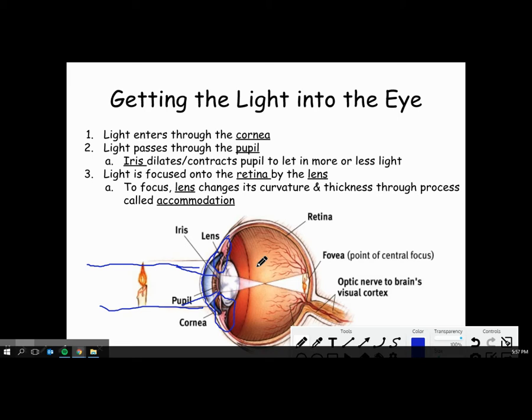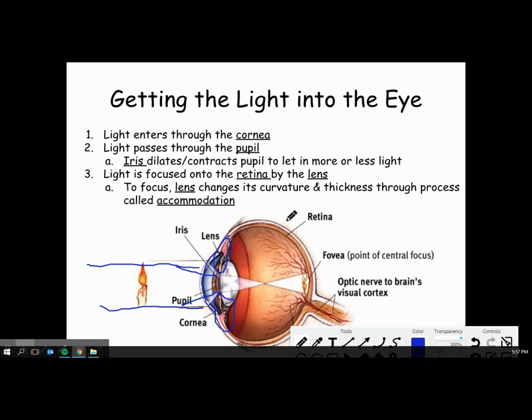The iris's job is to dilate or expand or contract the pupil. Anybody who has had your pupils dilated before in an eye exam so that they could see better into your eye, and then you come outside and it's really, really bright out, that's because your pupil is really big and it's letting in as much light as possible.